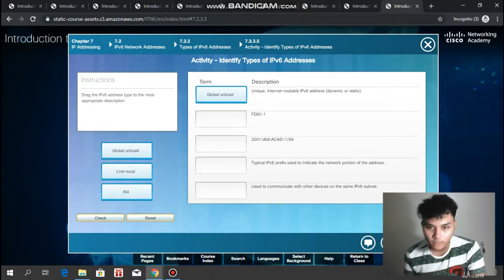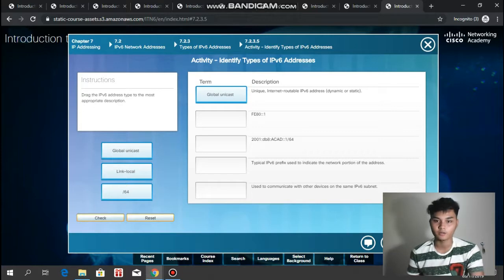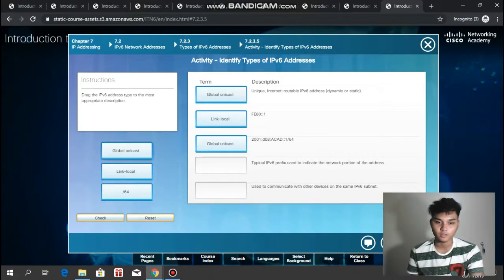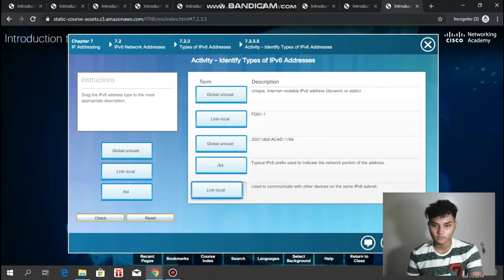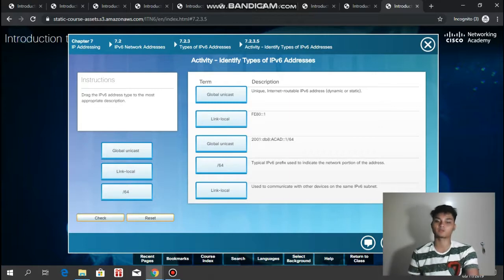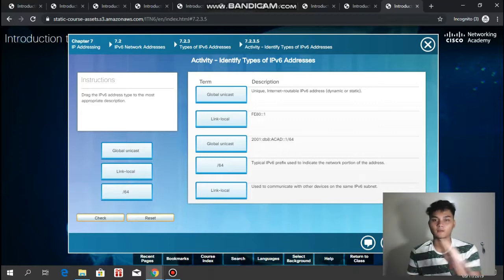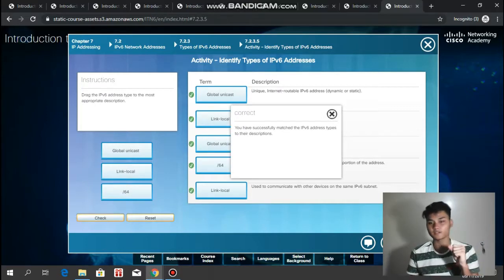FE80::1, so we have link local, and 2001 is global. The typical IPv6 prefix to indicate the network portion of the address is /64, and we have link local for use to communicate, because the keyword is communicate with other devices on the same IPv6 subnet. So let's check if this is correct. Our answer is all correct.